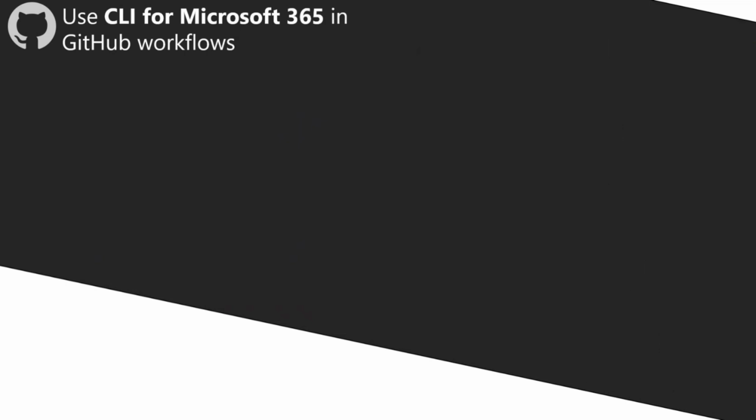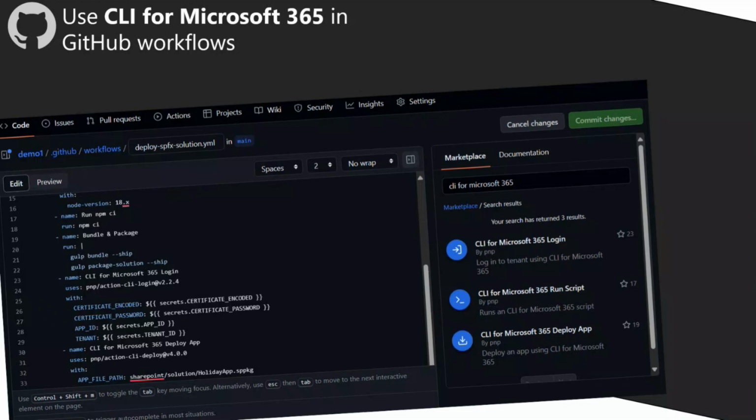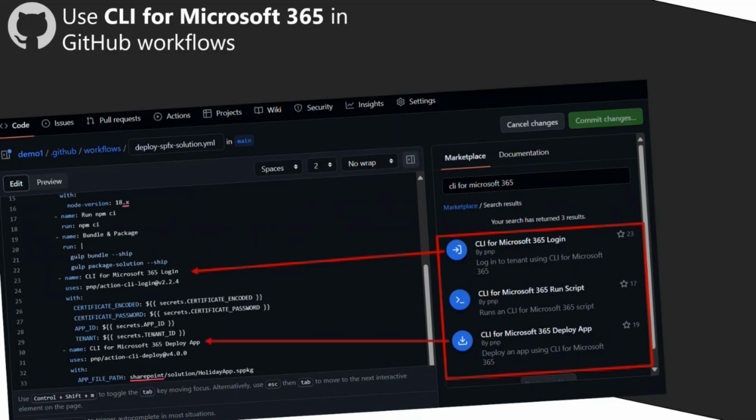So CLI can be used in GitHub Workflows almost natively. That's at least how we say it. Why? Because it can be not only used in a custom script, like a step, but we expose GitHub actions that make this actually super simple. As you can see on the slide, I'm presenting you the YAML GitHub workflow, and it has our CLI custom-made GitHub actions that we currently expose: login, running any kind of script, and deploying it up.